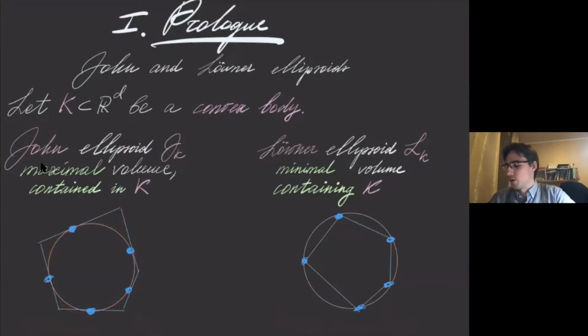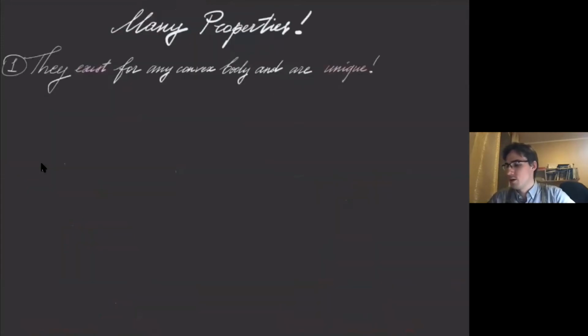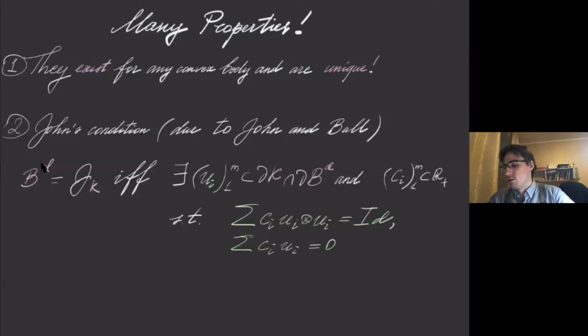Okay, so these things enjoy many properties. First off, they do exist for any convex body, and they are unique. It's nice. Second, the John ellipsoid of a convex body can be characterized by an algebraic condition called John's condition, which was proven by John himself and Keith Ball.